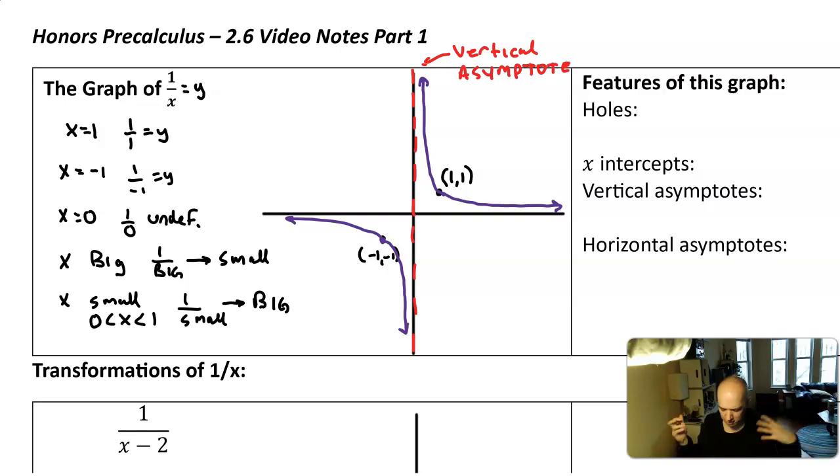So it means getting closer and closer to. And you can have both vertical asymptotes and you can have horizontal asymptotes. And since this line towards infinity also gets closer and closer to 0, but never actually equals 0, then we also have a horizontal asymptote.